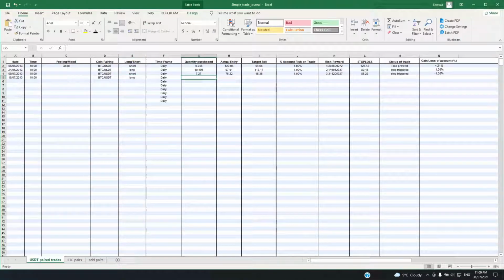It's a long. So this is our first take profit.